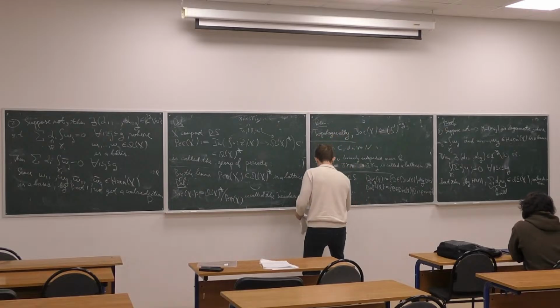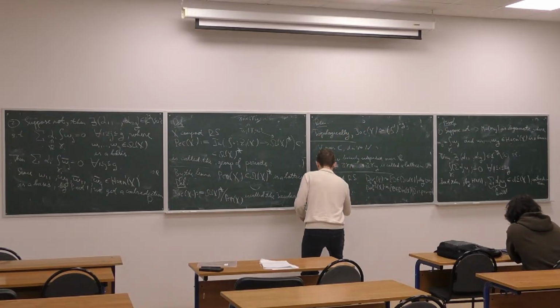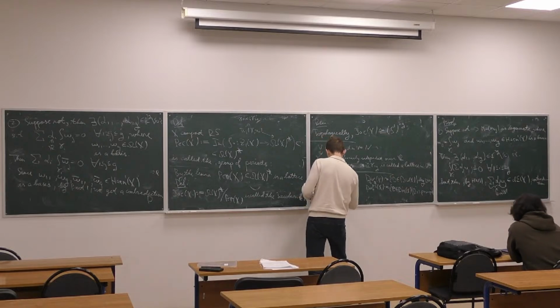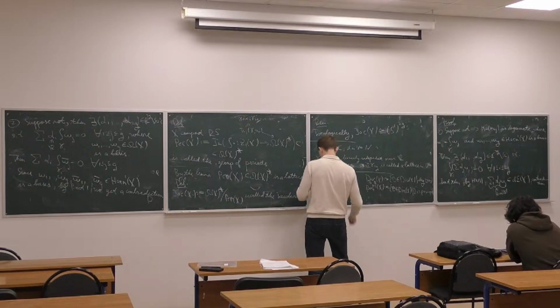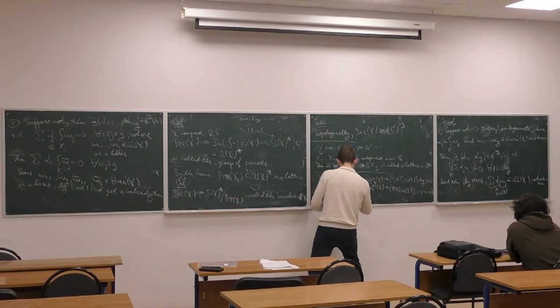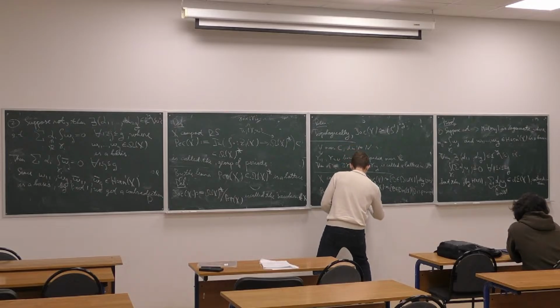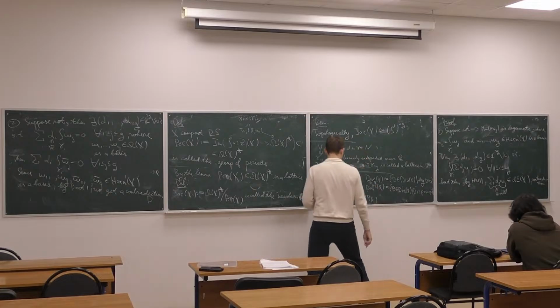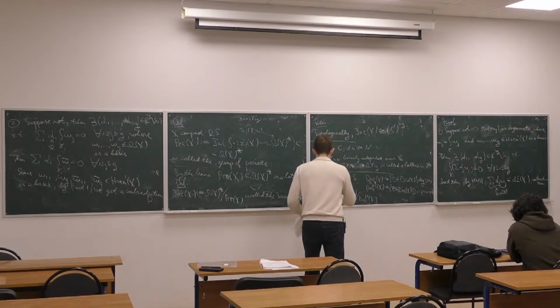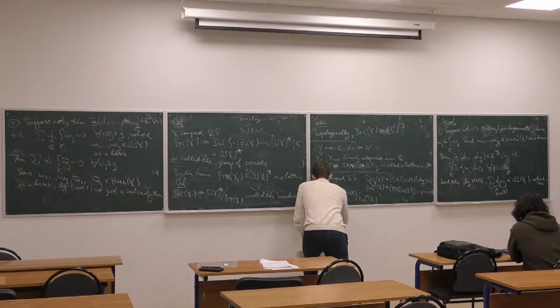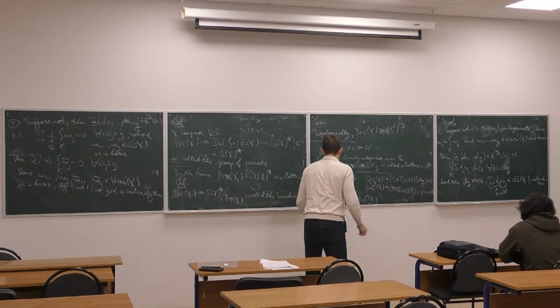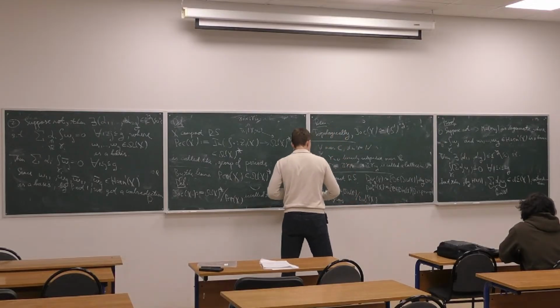Then Pic_0(X) is Div_0(X) quotient by Div_0^per(X). The Picard group.